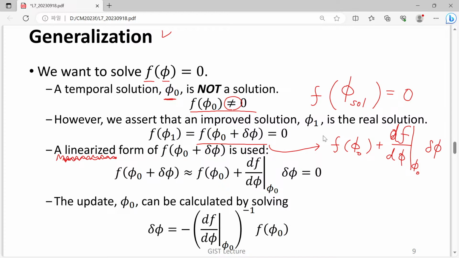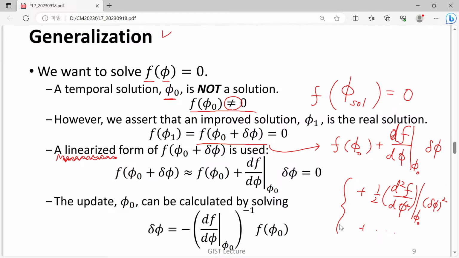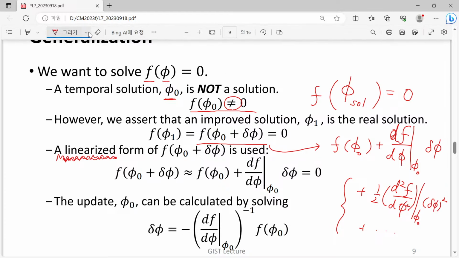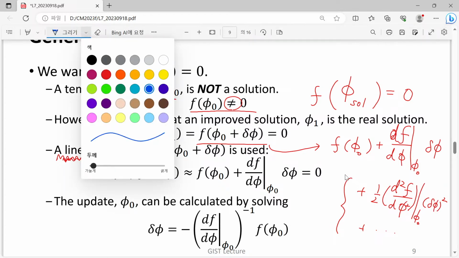Now of course we can introduce more and more terms, like the second order derivative evaluated at phi naught times delta phi squared, and so on. We can introduce higher order terms, but all of these higher terms once again introduce non-linearity. So it's not beneficial for ease of calculating.